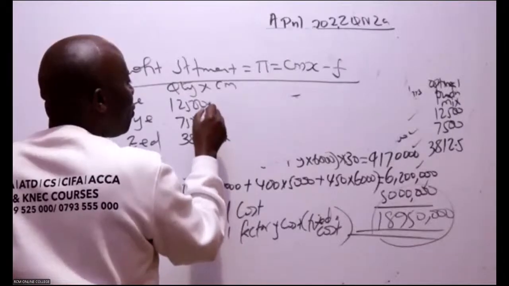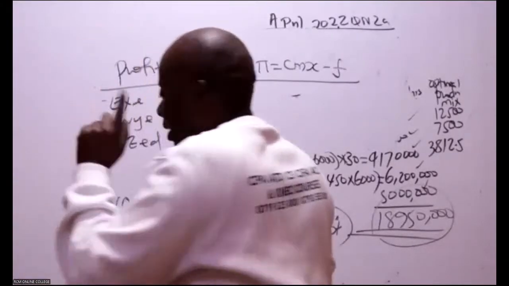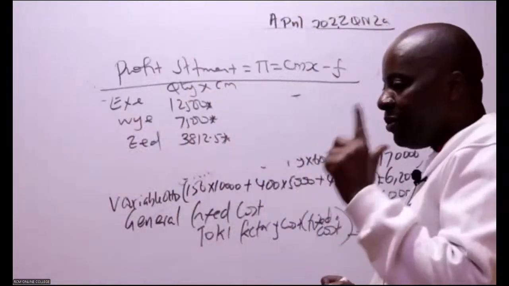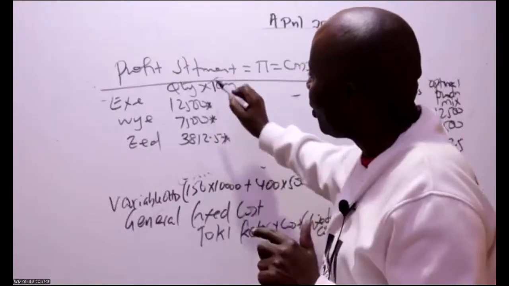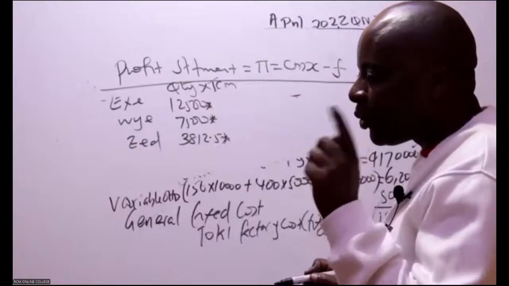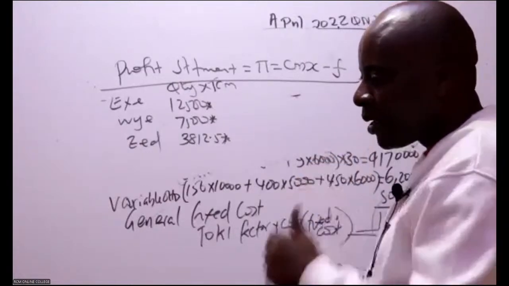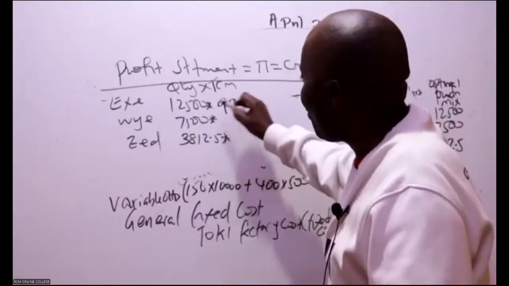Are you able to remind us what the throughput contribution margin, TCM, was for X? Anybody who is able to remind us? The leader tells me it was 900.